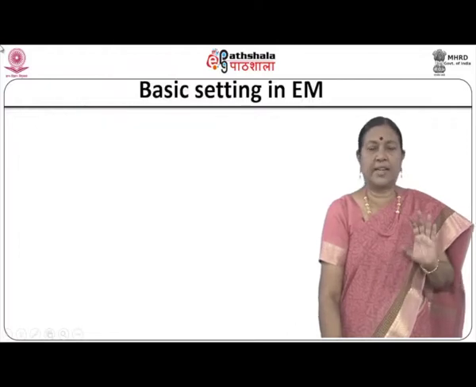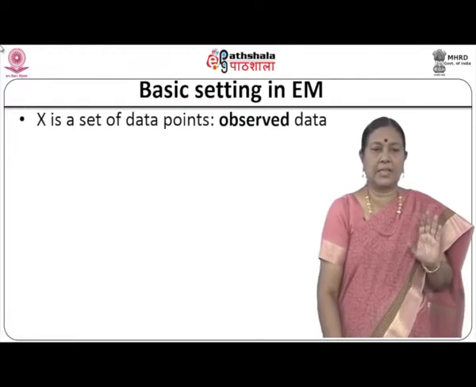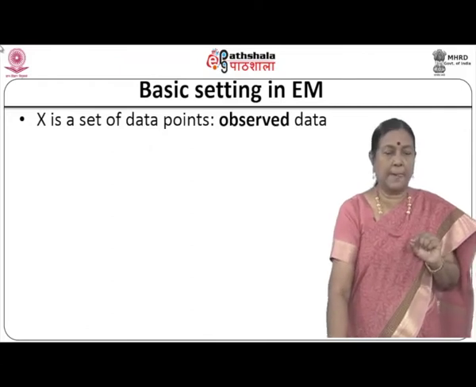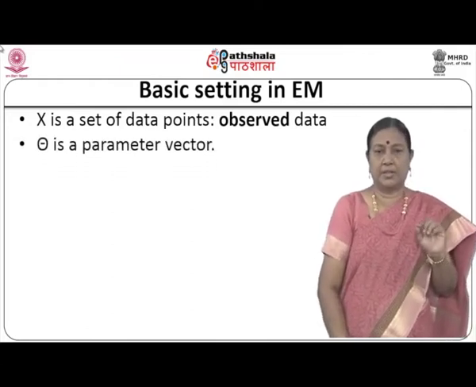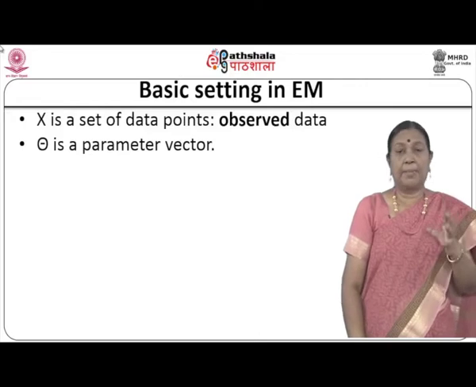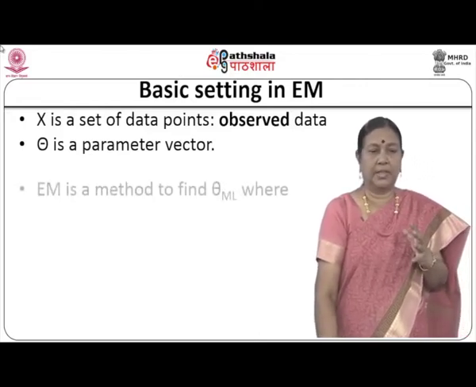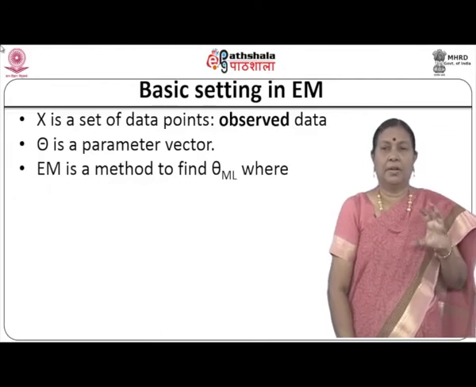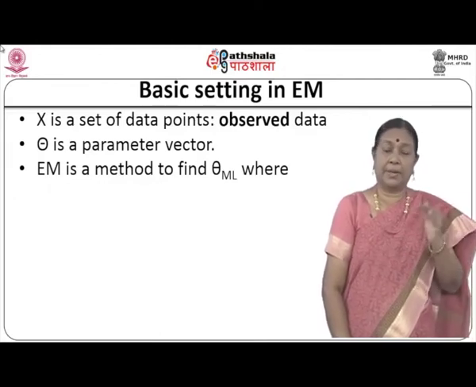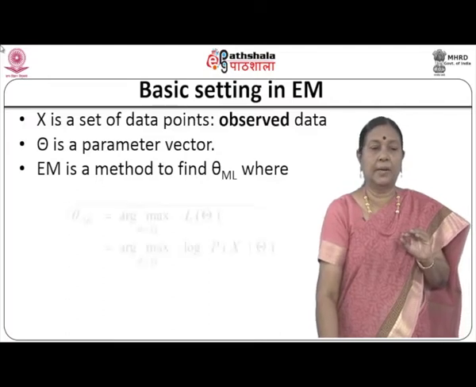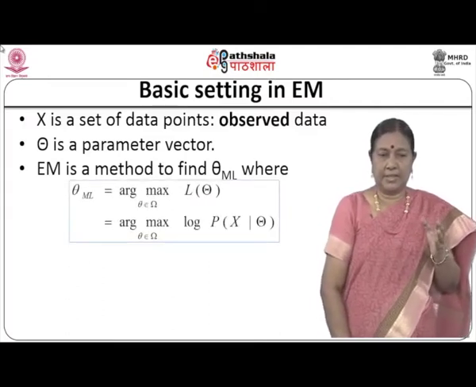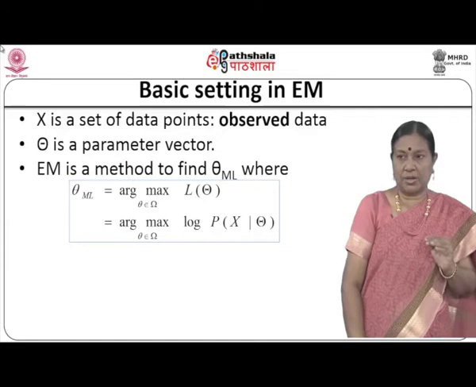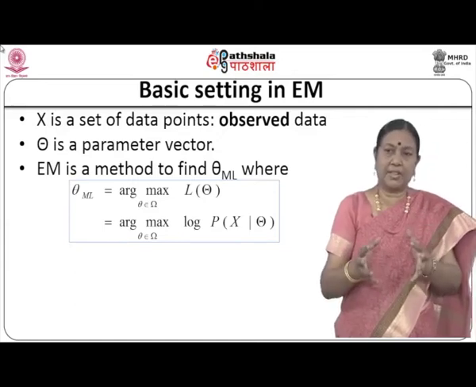So, the basic setting in EM is X is a set of data points, or the observed data. Then you have theta, which is a parameter vector for the model. Okay. Then EM is a method to find the maximum likelihood of that particular model's parameters, where theta ML is the argmax over theta for that particular model.